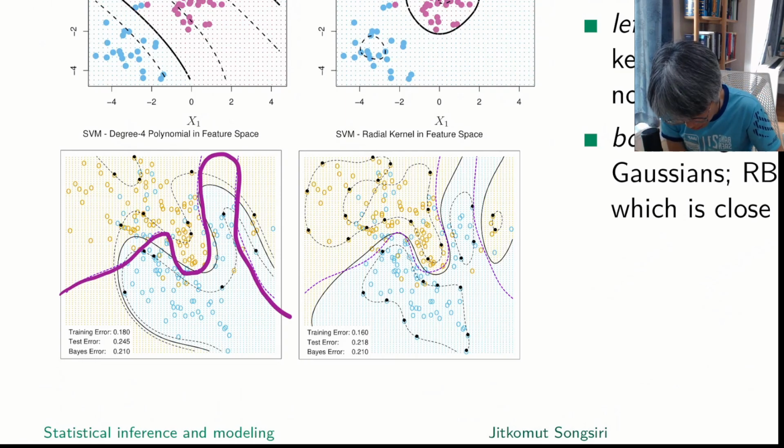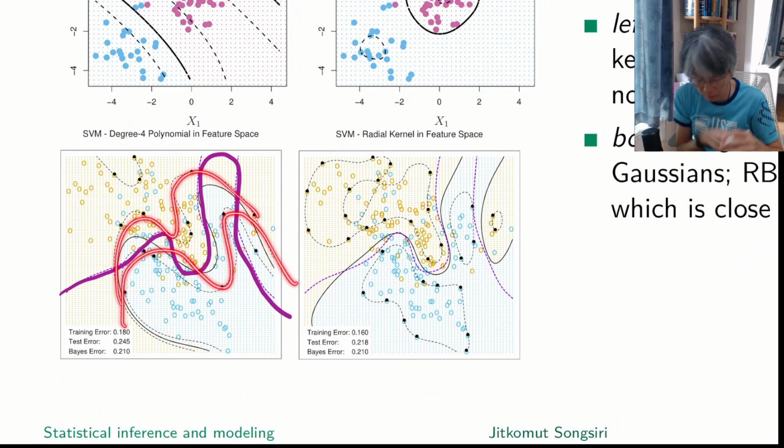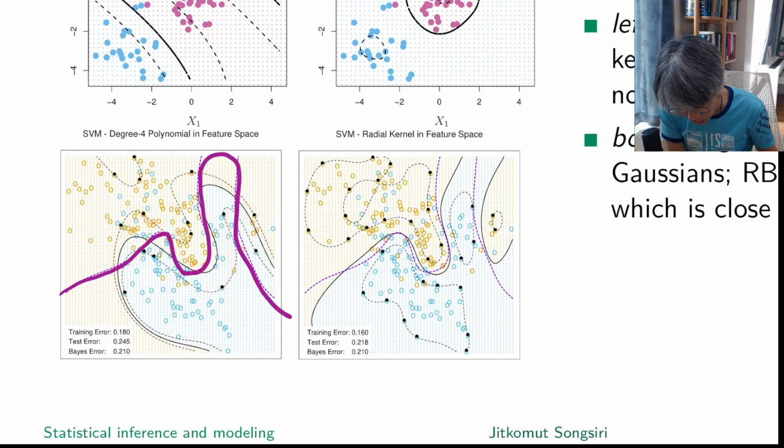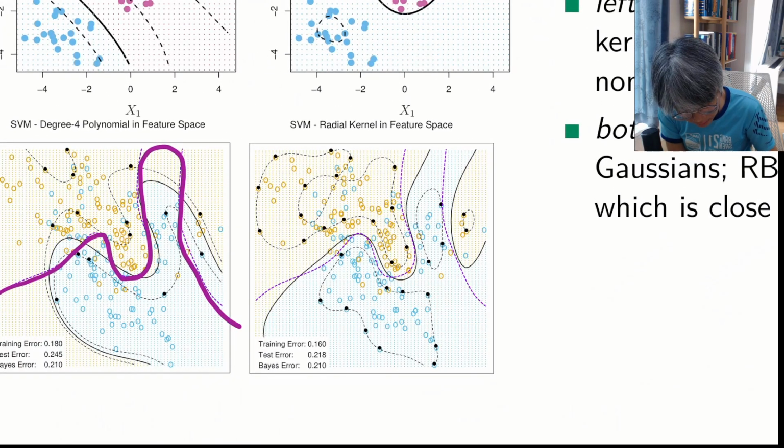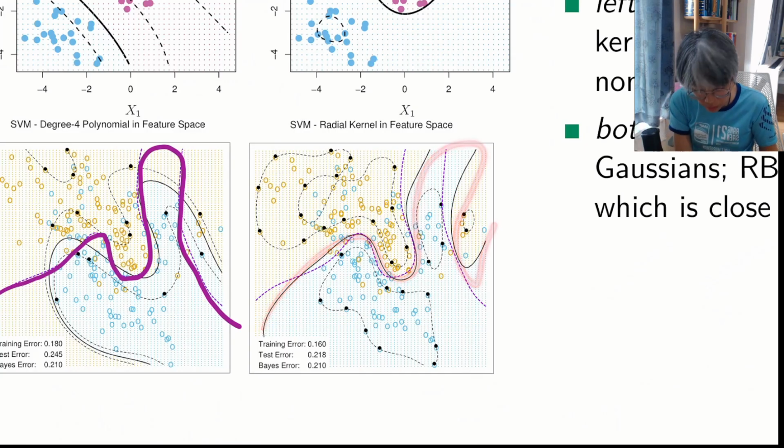The solid line is the decision rule given by the polynomial kernel function, and of course the dashed lines are the corresponding margins. There's a certain value of error; in training it is 0.18. On the right-hand side, what you get is a different decision region from the RBF kernel function.